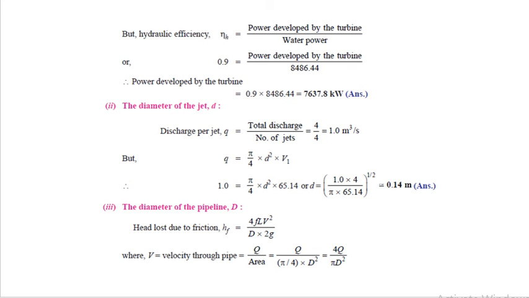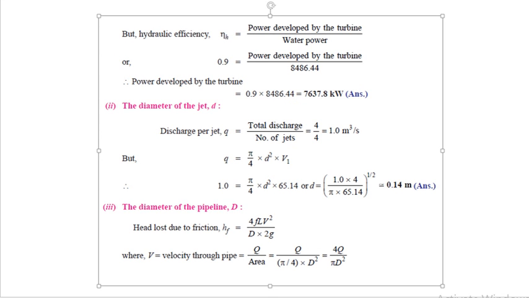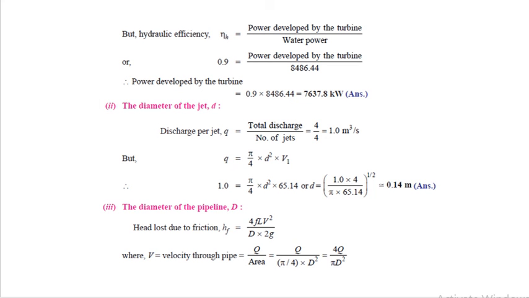Now you have to calculate the diameter of the pipeline. It means you have to calculate the diameter of the penstock. You know the formula Hf = 4fLV squared upon 2dg. You have the value of Hf, 4f and L, so you can calculate the value of D with this formula. But first you need to calculate the velocity through the pipe.